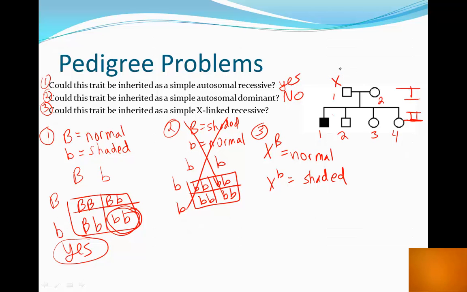That would mean dad would be X capital B Y because he is not shaded. Mom would be X capital B, X little b.